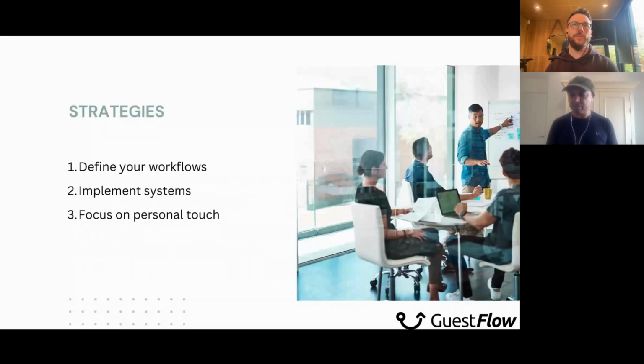But the reality is, if you get your workflow understood and you implement the right systems, then all of the day-to-day, mundane, very important tasks that need to get done at the right time get done. And that lets you, as a business owner, and your team then focus on saying, I think that guest needs my attention, so I'm going to contact them.